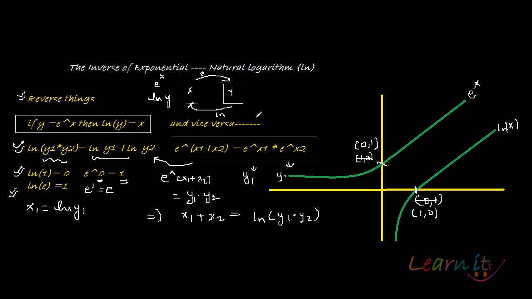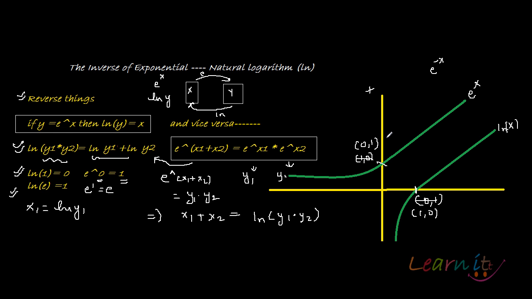In exponential, what did I say? In exponential, I say that whatever number, or if we are talking about e to the power anything, minus x or plus x, anything, the y value will always be positive. Now, since ln is an inverse function, y is the domain of ln.